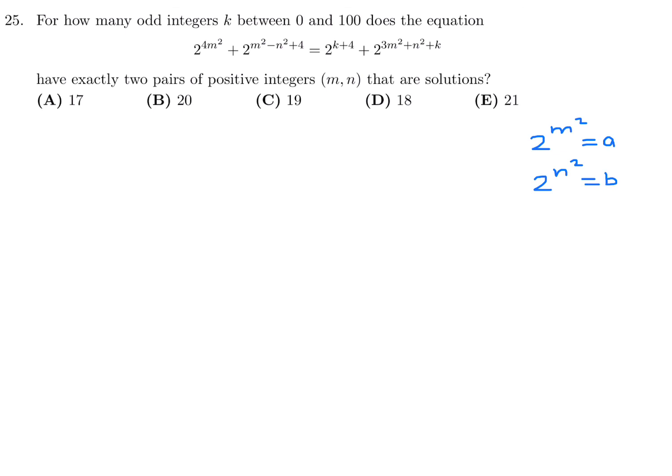Now, we know that k is odd, so that means k is of the form 2x plus 1. So that means that k minus 1 over 2 is x. And therefore, k minus 1 is equal to 2x.